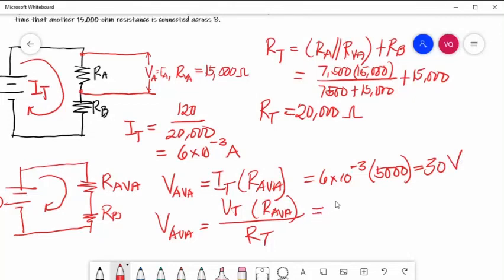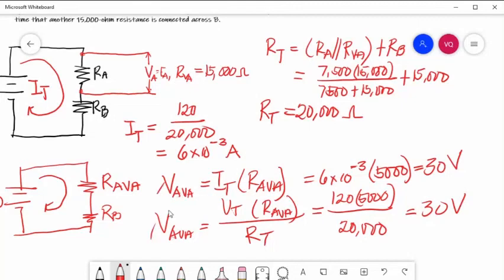Let's try here. 120 times RAVA is 5,000 divided by total resistance is 20,000. So, that is equal to 30 volts. So, any of these two formulas works.